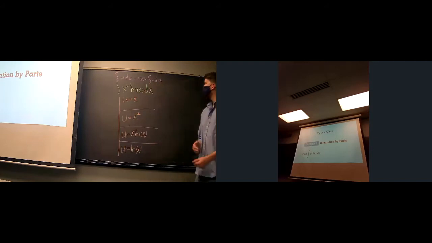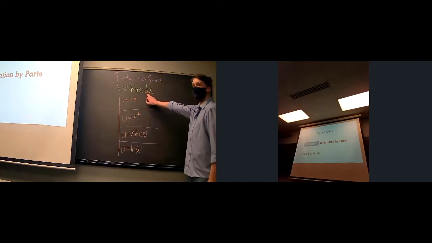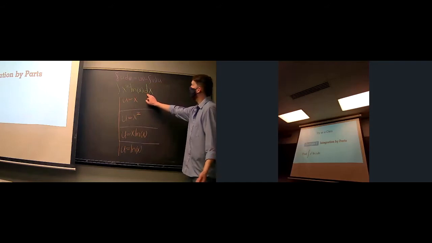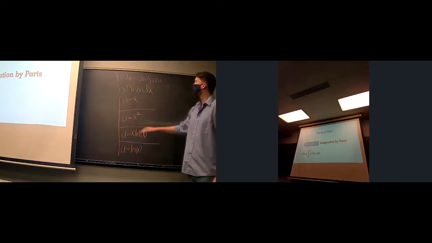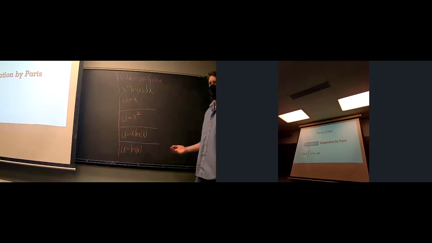Generally, we don't want to set it up so that dx is left as our dv. That's something we want to avoid, because if you notice, that would just ultimately be the same idea. Does that make sense what I mean? We could play with it, but I can't think of an example I've ever seen where we think of dx as our dv.